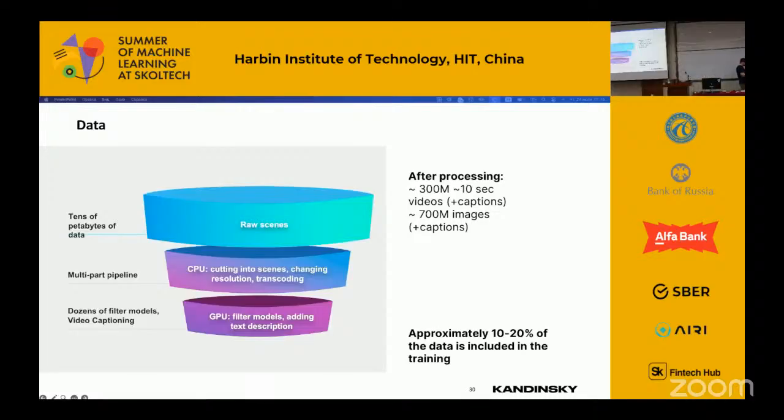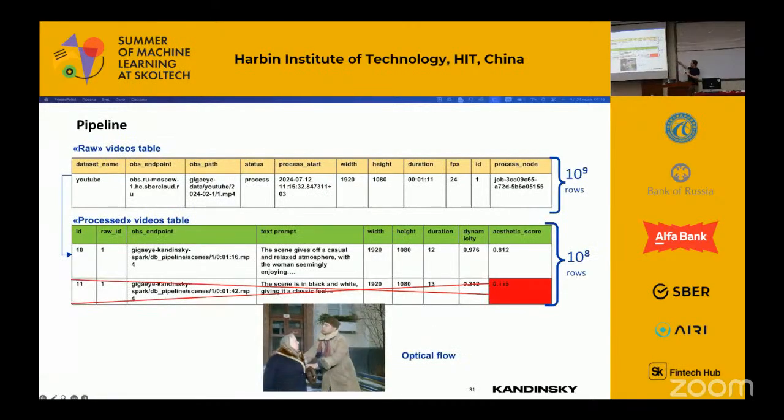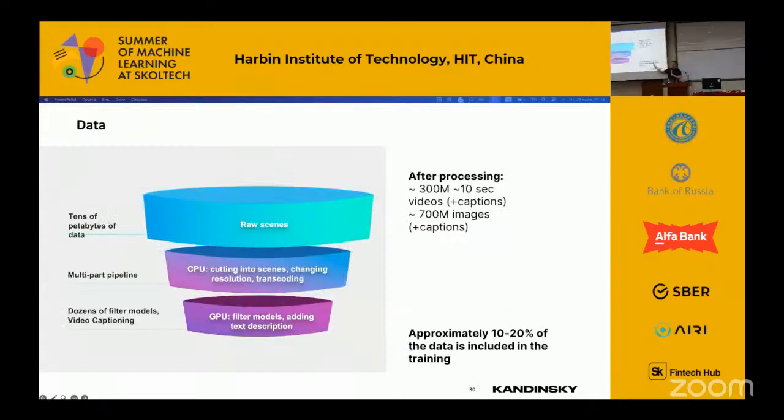Each video scene should be captioned, and on each video scene you should apply the visual LLMs. So that's a crazy amount of compute to produce the data set. That's how it looks. And I read there that only approximately 10 to 20% of the initial data set is included in the training data set.